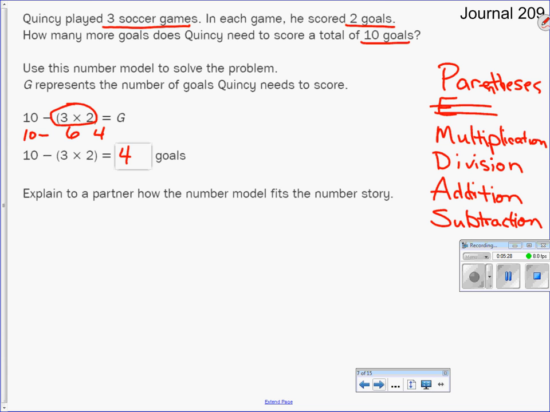To find out the difference, I would have to subtract the soccer games times the goals from my total goals, and this would be the correct way to do it. So we would know that there are 4 goals left to score.